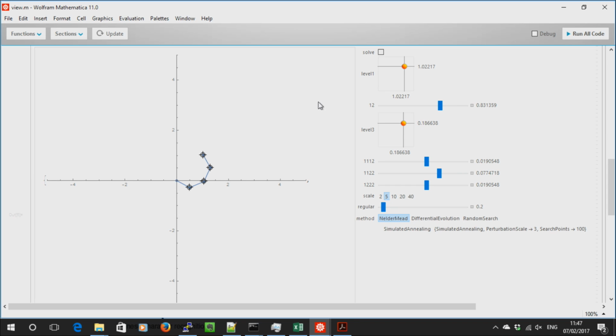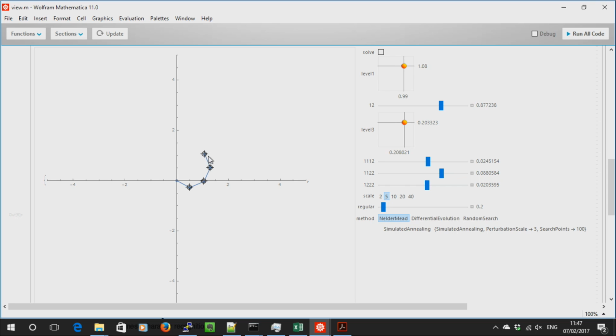I mentioned that level 1 is the total displacement of the path. So if I move the endpoint around to the right, you'll see that level 1, this thing over here, moves as I move the mouse. Moving it left moves it left, moving it up moves it up, and so on.